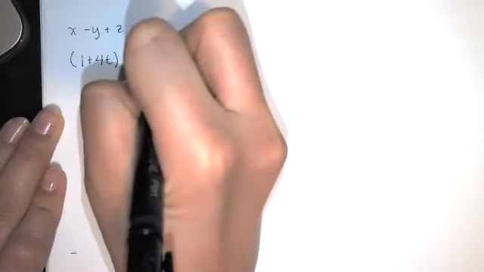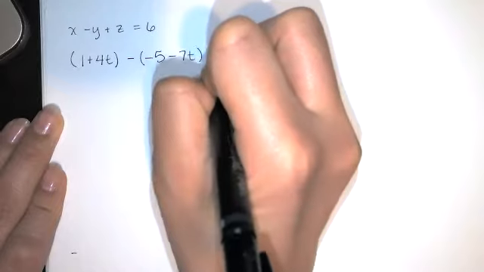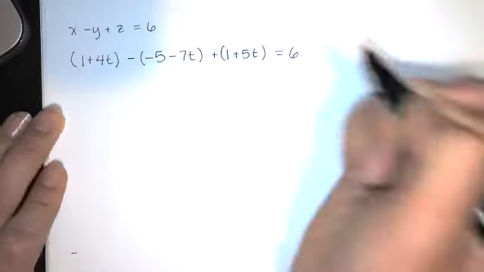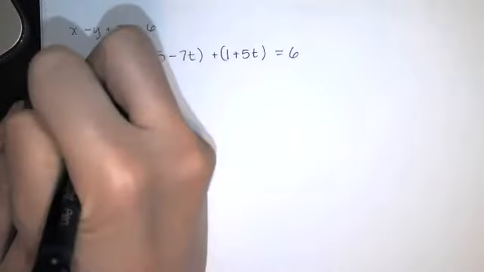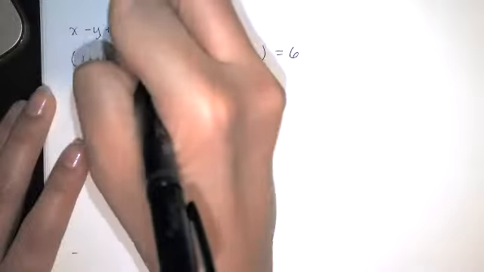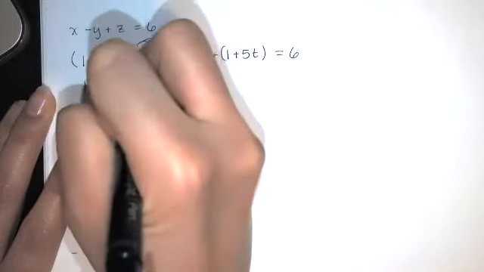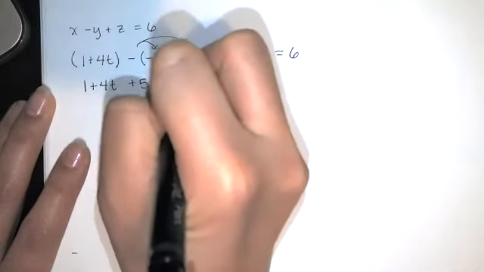So I had x minus y plus z equals 6, and I'm substituting in my parametric equations. X equals 1 plus 4t, y equals -5 minus 7t, and z equals 1 plus 5t, and we're setting that equal to 6. So we'll simplify by distributing the negative. We don't really need the parentheses there. Negative times a negative is a positive.